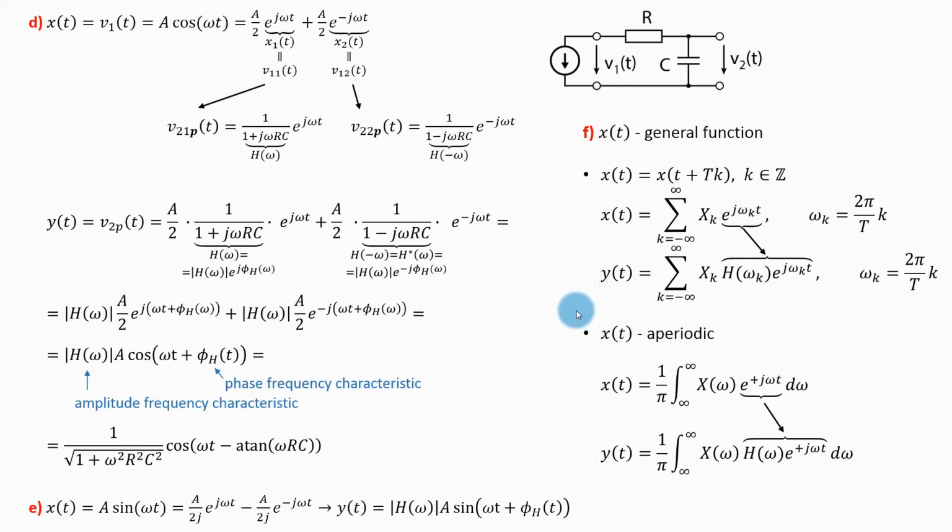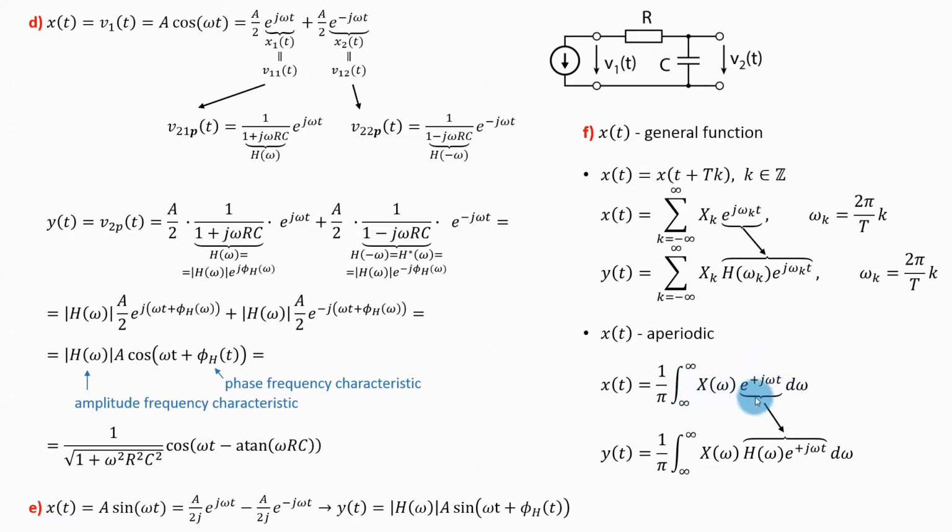Now, what if your signal is not periodic? No problem. An aperiodic signal we can express using the inverse Fourier transform like this. Now I do not have a sum here, now I have an integral, but the principle is pretty much the same. This signal is expressed as a combination of uncountably many complex exponentials, the complex amplitudes of which are given by the spectrum of the input signal.